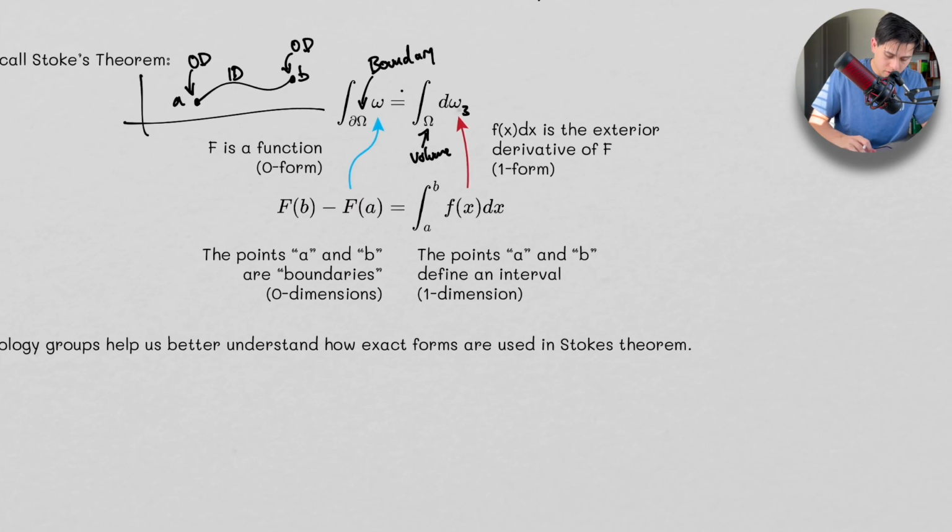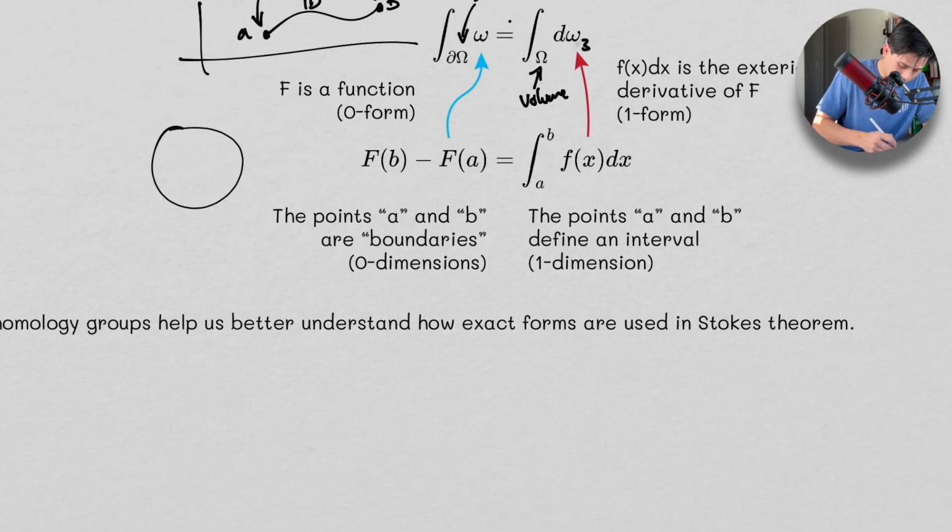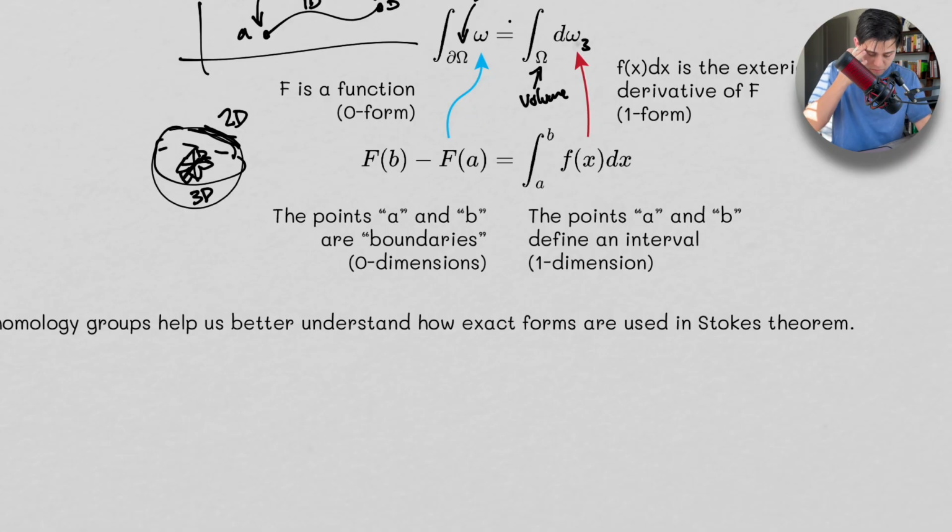Right, if we're looking at a sphere, a sphere is 3-dimensional, but the boundary of the sphere is two-dimensional, right? So inside is three-dimensional, but the boundary itself is two-dimensional.